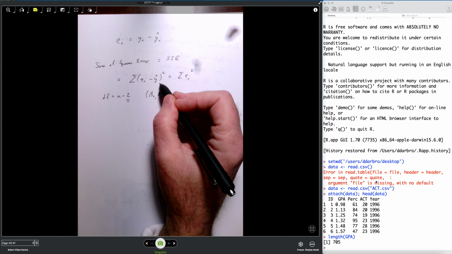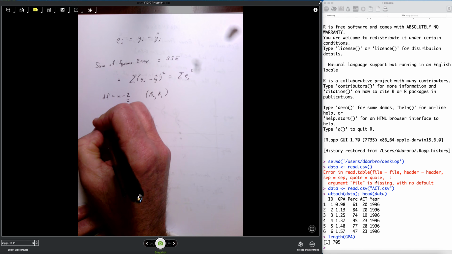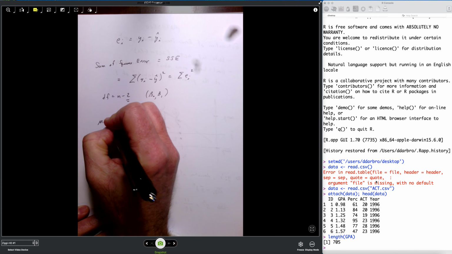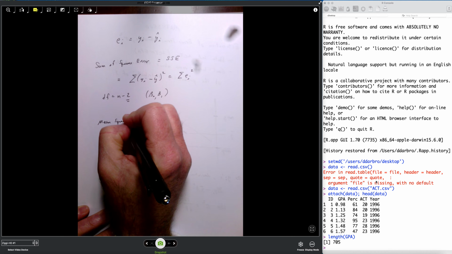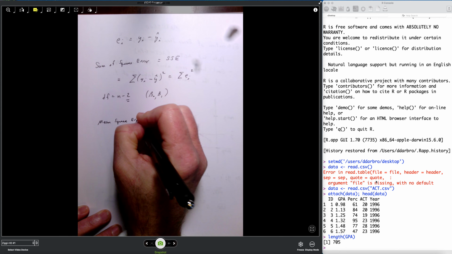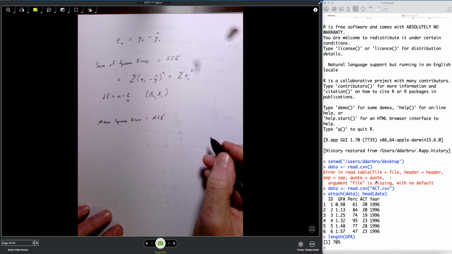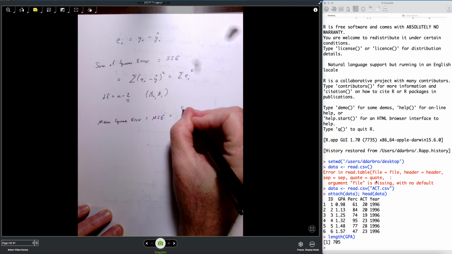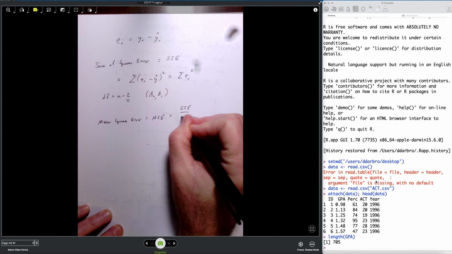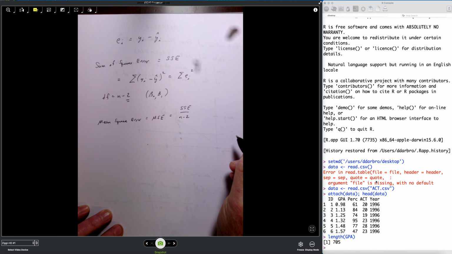And we create what's called the mean square error, which is just MSE, which is nothing more than the sum of the squares error divided by the degrees of freedom. So guys, when we take a sum of squares and divide it by the degrees of freedom, it becomes the mean square.